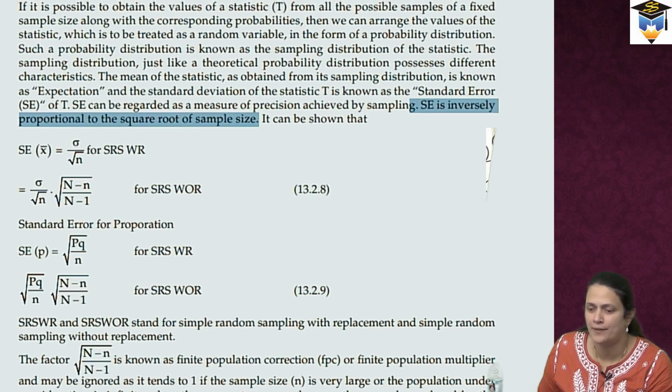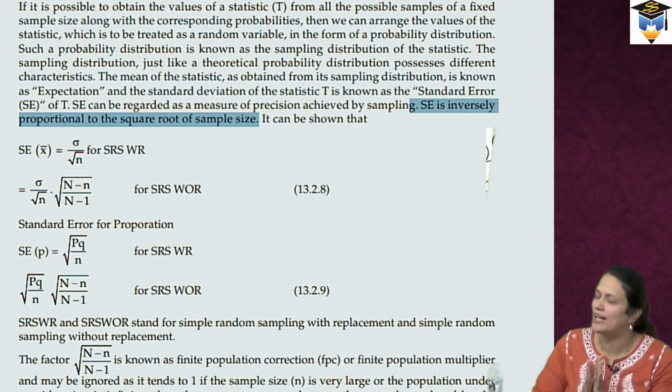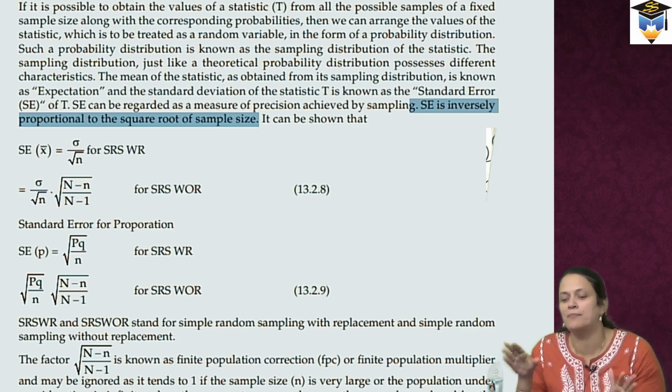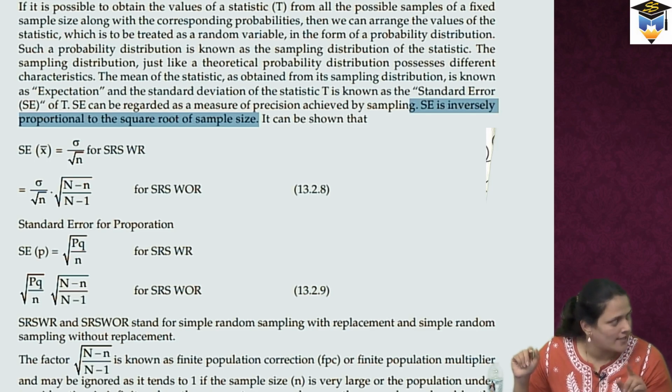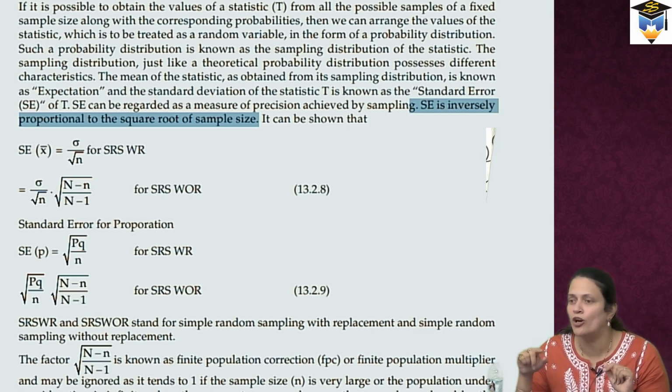So this is called as SRS with replacement. Right now you will not understand anything. I will take an example, but please write down these formulas. I am going to explain, don't worry. SE x bar is given as sigma upon square root of n for SRS with replacement.